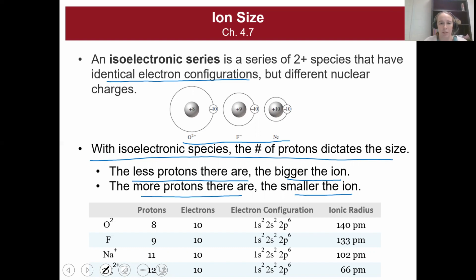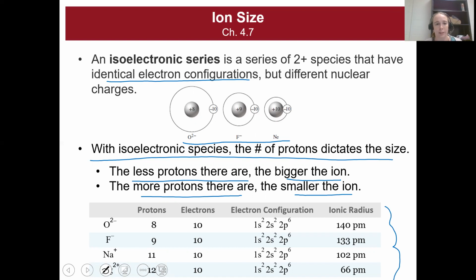So it's kind of the opposite of what we said about adding or taking away electrons. If we have more protons, that means they're pulling those electrons in closer and making the ion smaller. If there's less protons, they aren't pulling it in as far, making the ion bigger. And then this is a table that shows you the ionic radius, well, they're all ionic in this case.